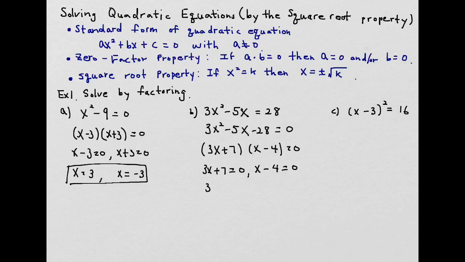So you subtract 7 and then divide by 3. This gives you negative 7 over 3, and the other x you get is positive 4. So here are the 2 solutions for that quadratic equation.